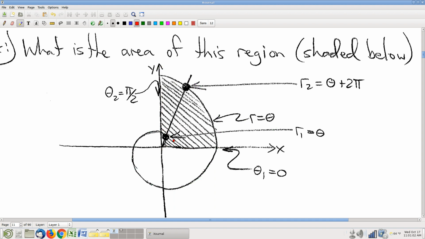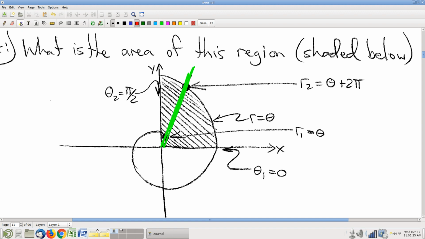Well, it's no big deal in polar coordinates. You have to be a little bit careful. Theta starts at 0. Theta ends at pi over 2, no big. Right? Now, for a given value of theta, let's pick some value of theta. What's the range of values of r? Here's where it gets confusing.